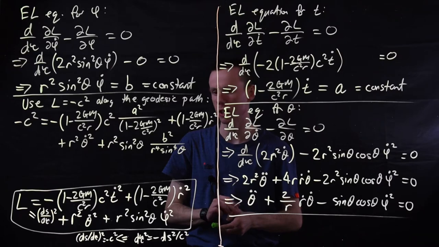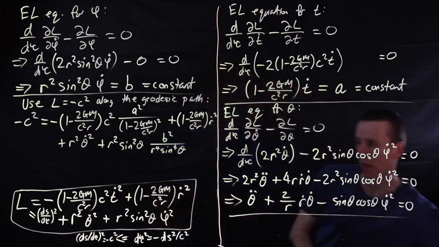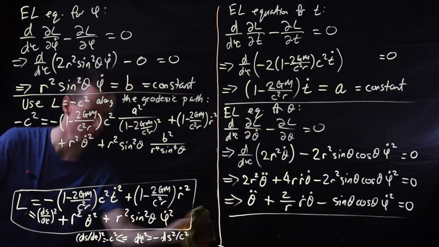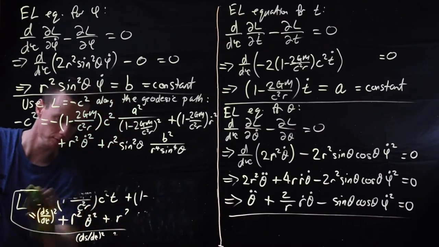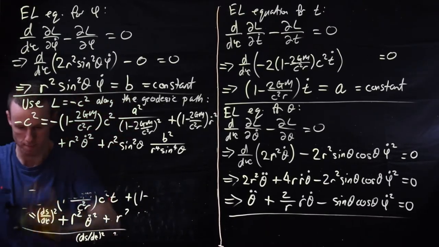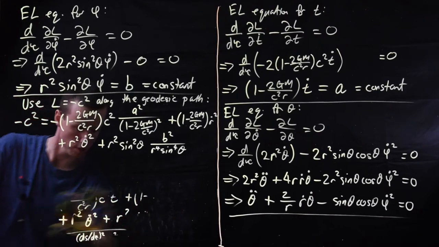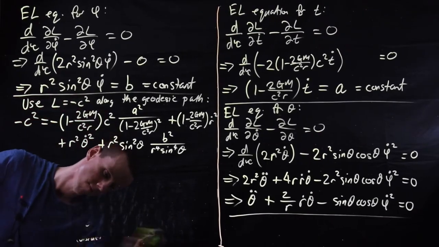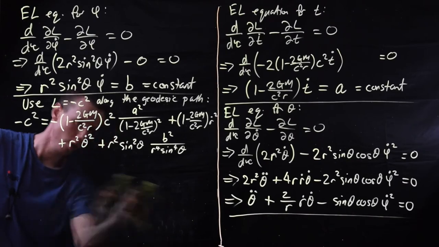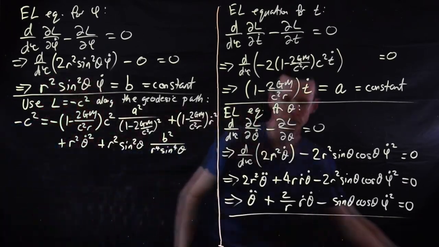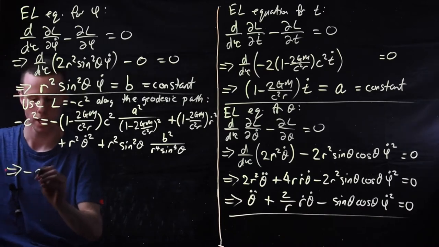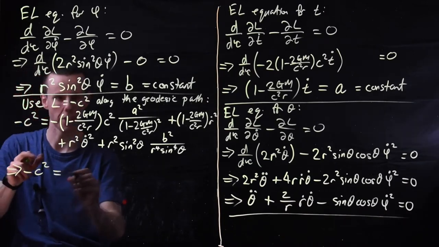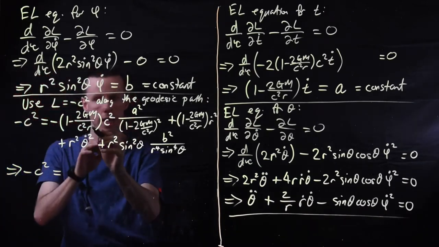Okay, and if we do some tidying up on that, then we just rub this out to make a little bit more space. We have minus c squared is equal to, what have we got here?